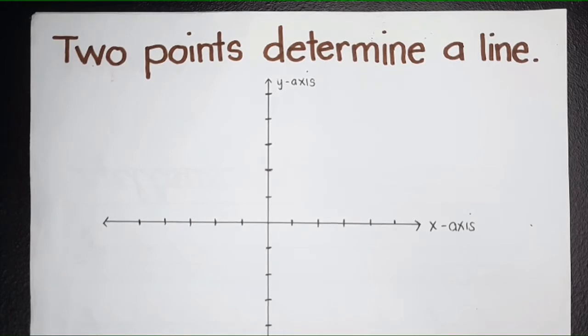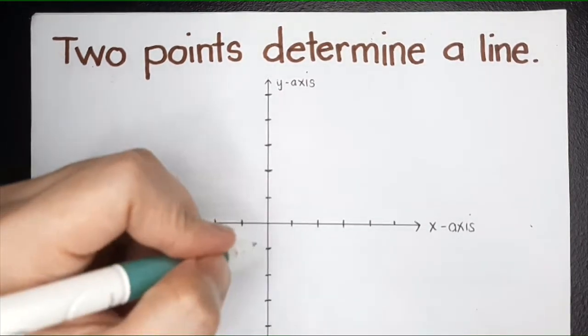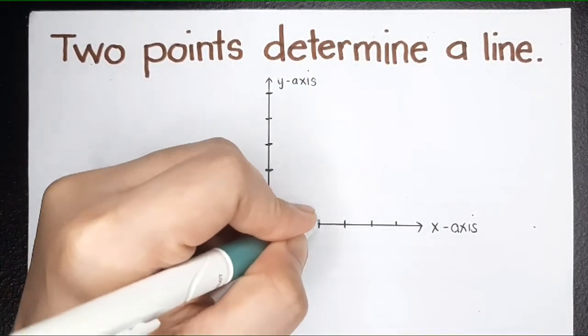Let me give you some examples. Okay? So, sige nga, isip kayo ng 2 points. Kahit anong points on this Cartesian plane. Kunyari, 2, -1. Where is that? 1, 2.